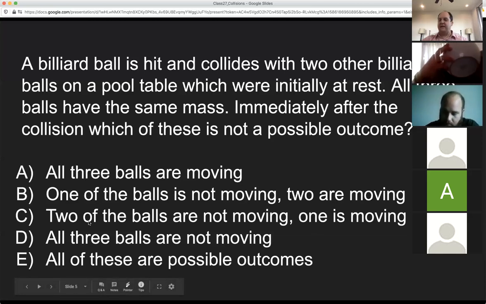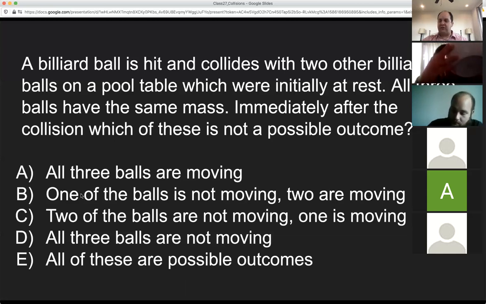A, B, and C are all possible. You can arrange the collision in such a way that all three of the balls end up moving, or one of the balls is moving, or two of the balls are moving. But you can't work this out so that none of the balls are moving, because none of the balls moving has no momentum, right? So remember, we can trade momentum around, but we can't ever get rid of it.